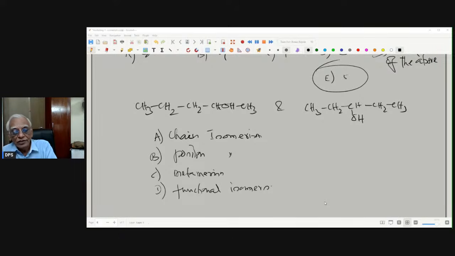No other doubts. When you say no other doubts, either whatever I taught was crystal clear, or we have not followed head or tail of what you have taught today. Do I take it as the first case or the second case? Kavya, you have written it correctly. Wonderful. It's position isomerism.